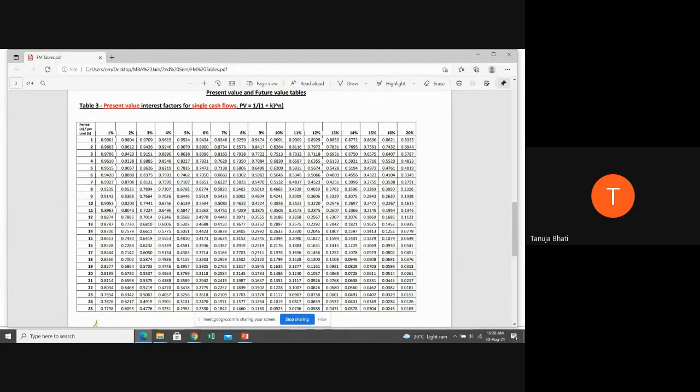Now suppose the PV factor I am getting is 0.3625, then what do I have to do? For 10 years, if the PV factor I'm getting is 0.3625, then what do I need to do?